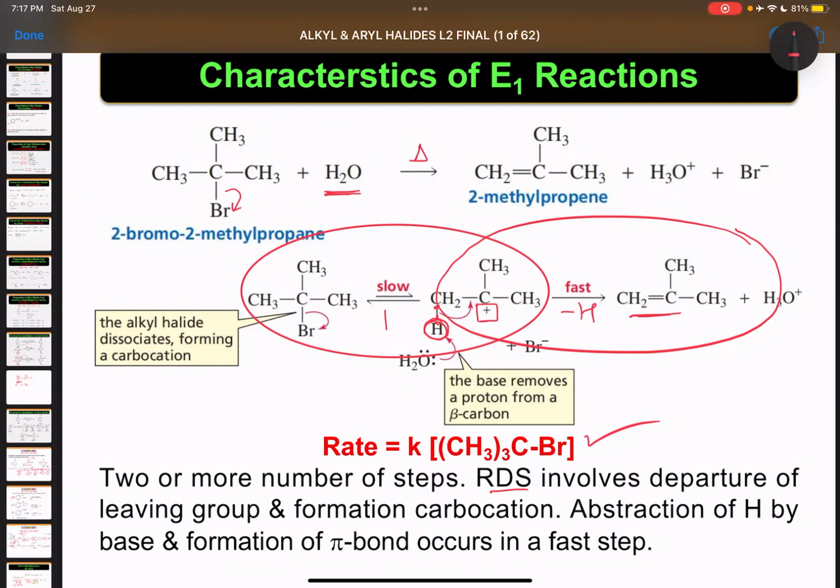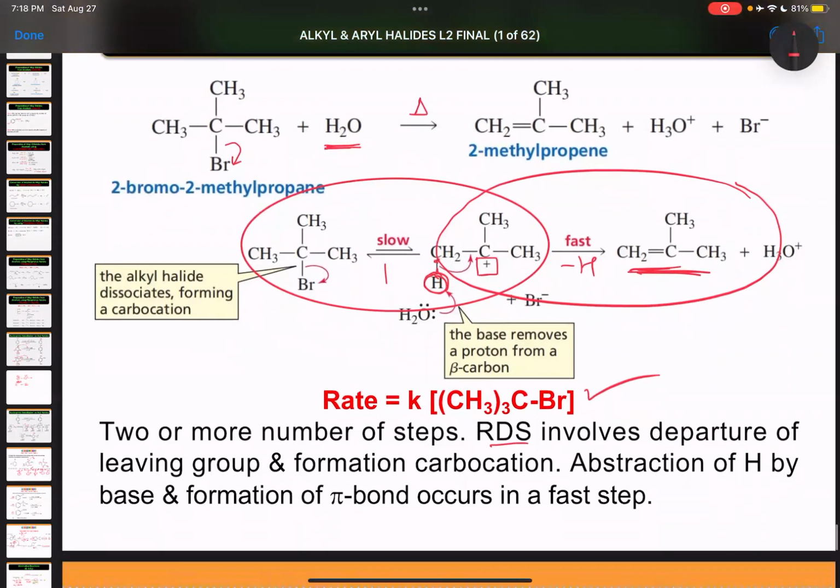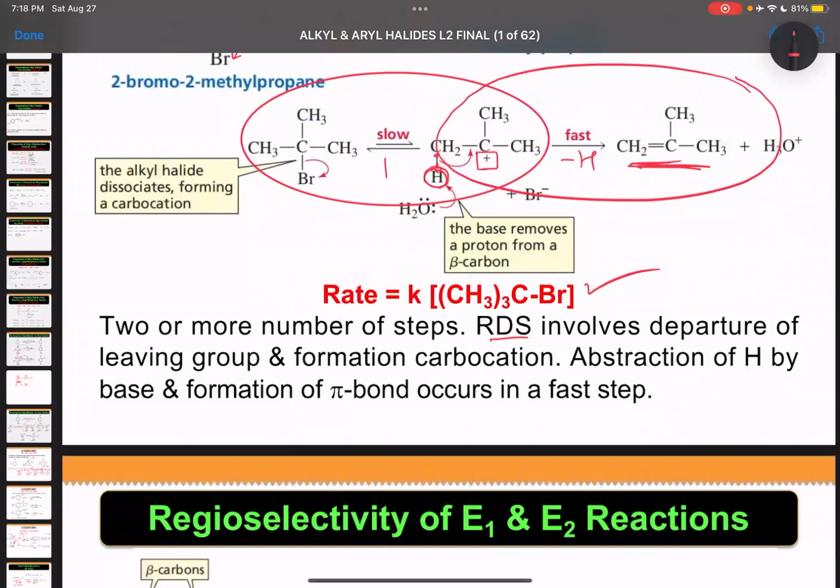By this step, the molecule is becoming neutral. It is regaining its neutral character. So it is not a difficult step. It is an easy step, and it is a fast step. So abstraction of H by base and formation of a pi bond occurs in the fast step, and departure of the leaving group, leaving behind a carbocation, is the slow step.